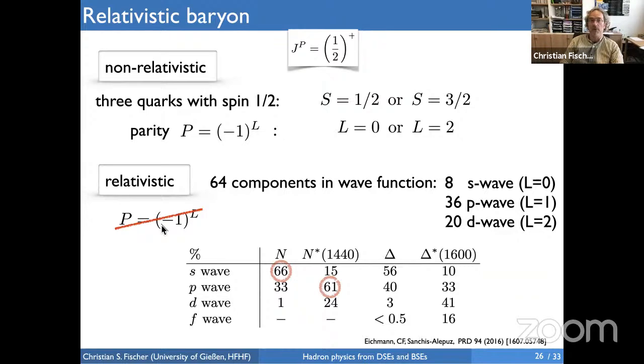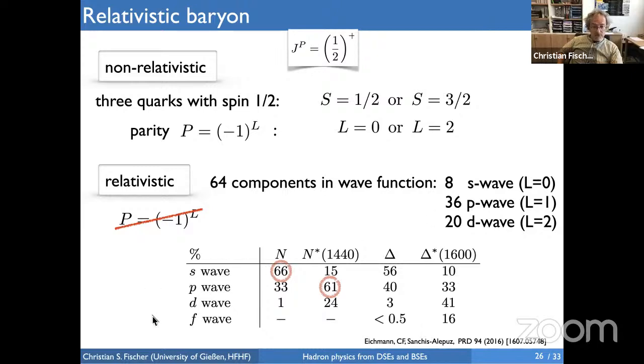Only the total angular momentum is conserved. But this means in a relativistic framework, you can have S-wave contributions, D-wave contributions, but in addition, P-wave contributions. And it turns out that from the 64 contributions you get for a nucleon, 8 are S-wave, 20 are D-wave, but 36 are P-wave.